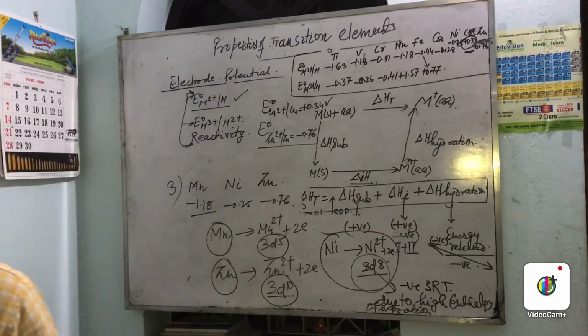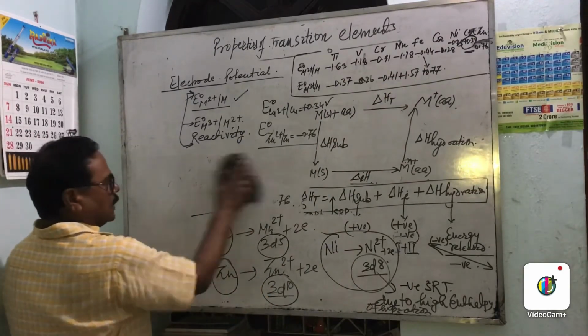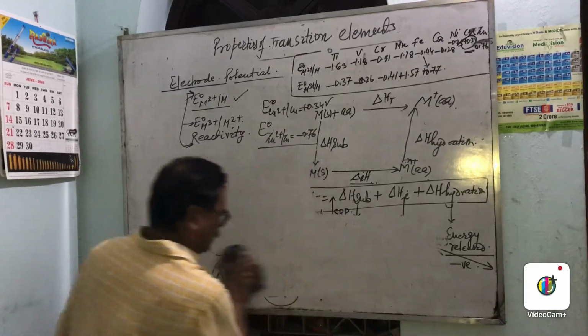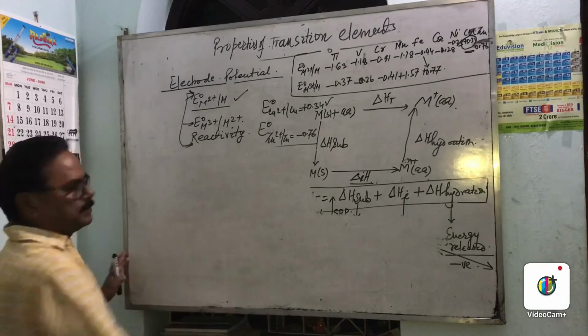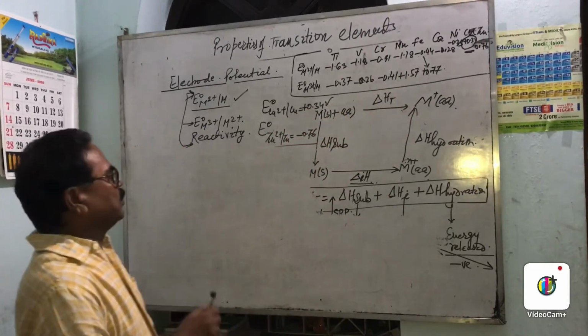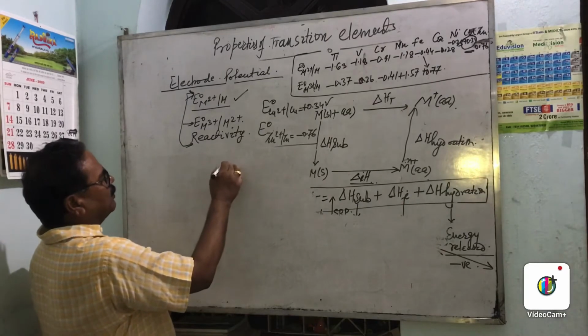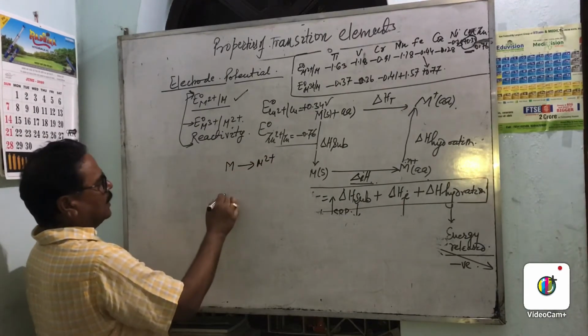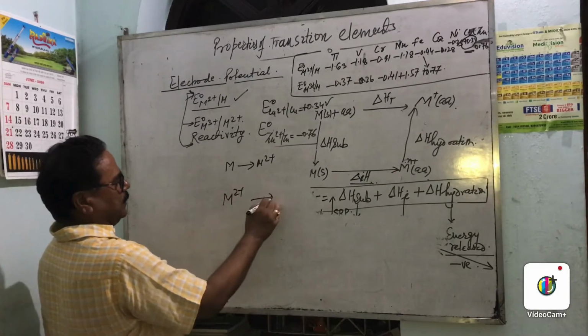Now we take the trend of the third, keeping in mind the time factor. The question is asked about Mn2+. So we compare the metal oxidation state 2, and another from 2 to 3.